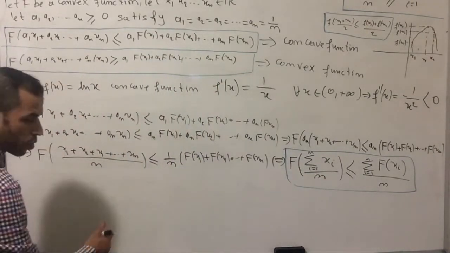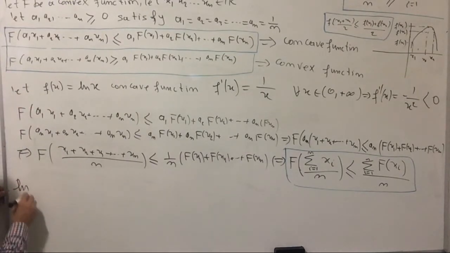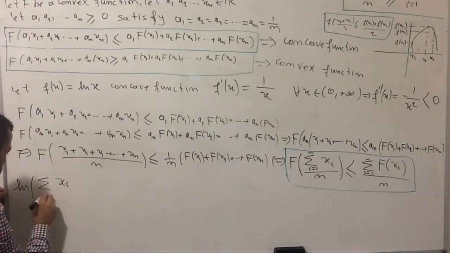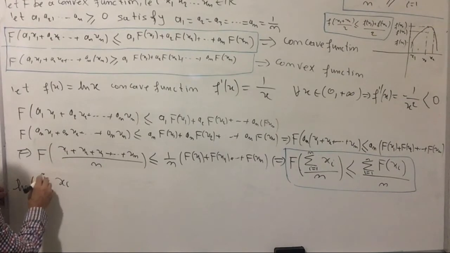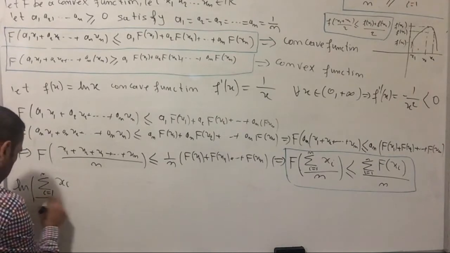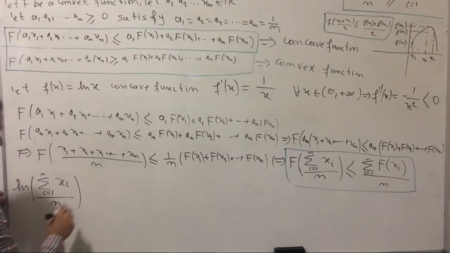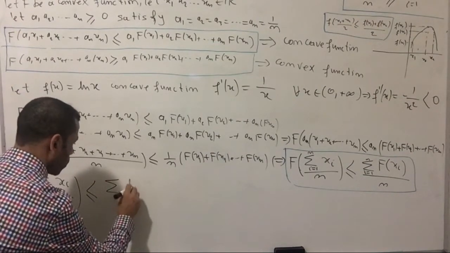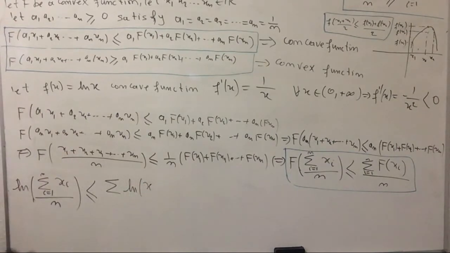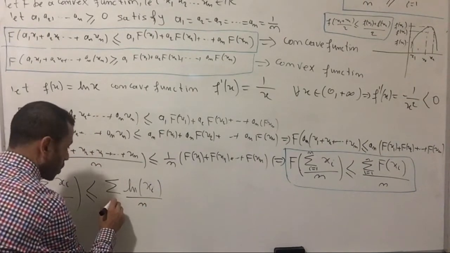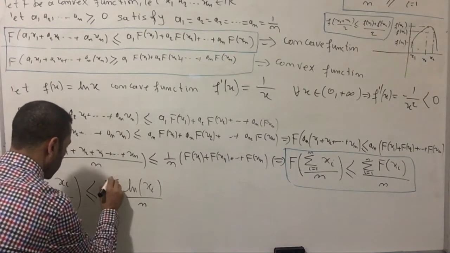So natural log on both sides gives me the sum of xi, i goes from 1 to n, over n, inferior or equal to the sum of natural log of xi, for example, over n. n is outside of the natural log, as you see here. So i goes from 1 to n.